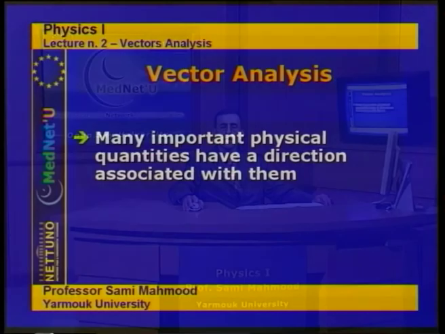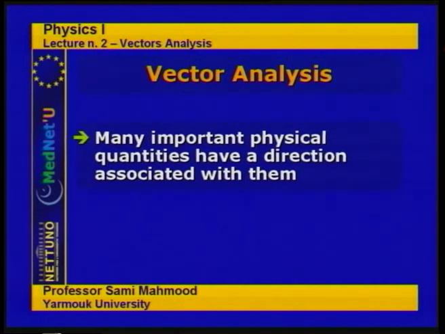In physics, there are many quantities. Some of them do not require to be specified fully more than their magnitude and unit. However, many other quantities do require to specify their directions in order to be fully specified.